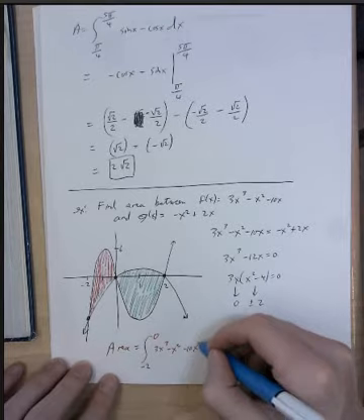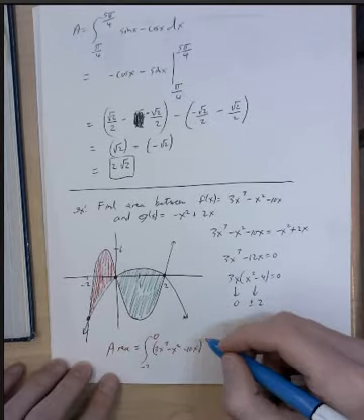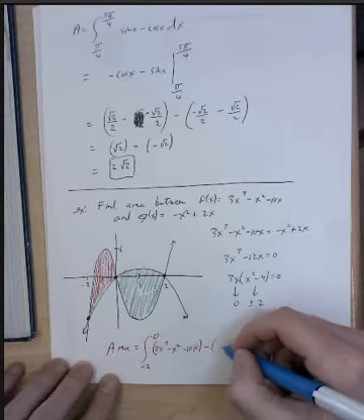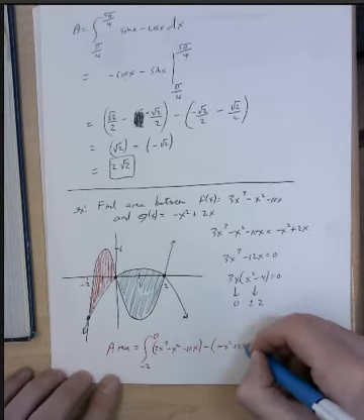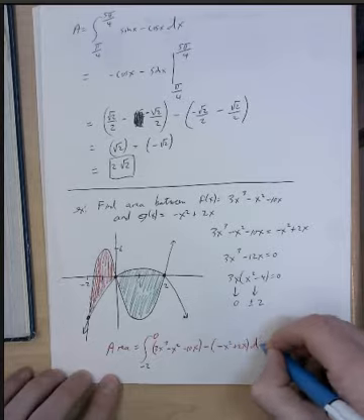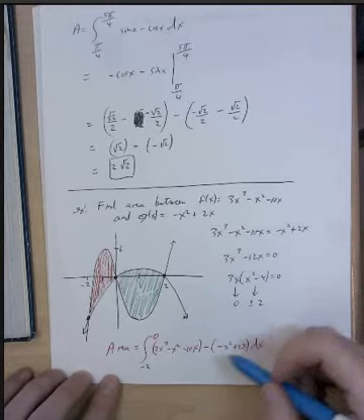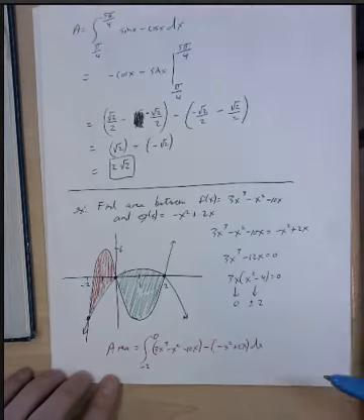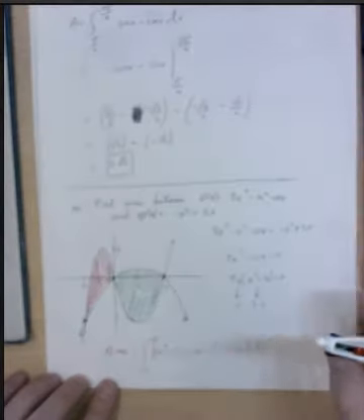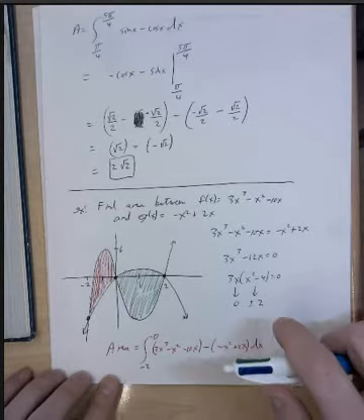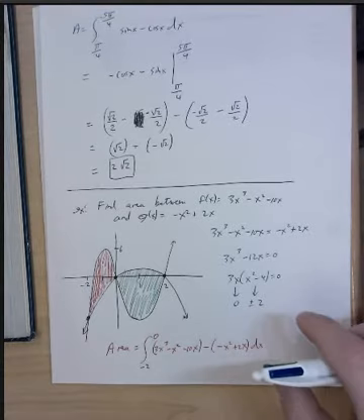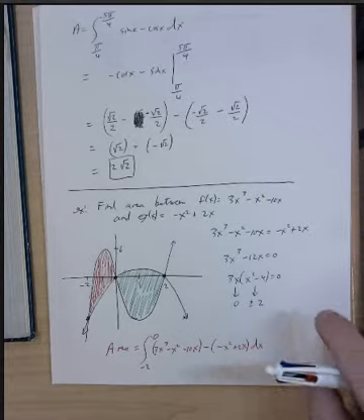That's our first function, minus the other function, which is the quadratic, -x squared plus 2x dx. So that's the area of the red region. Can we just skip a step and make it positive x squared minus 2x? Yes. Okay. Computer went to sleep, but it still seems like it's okay.